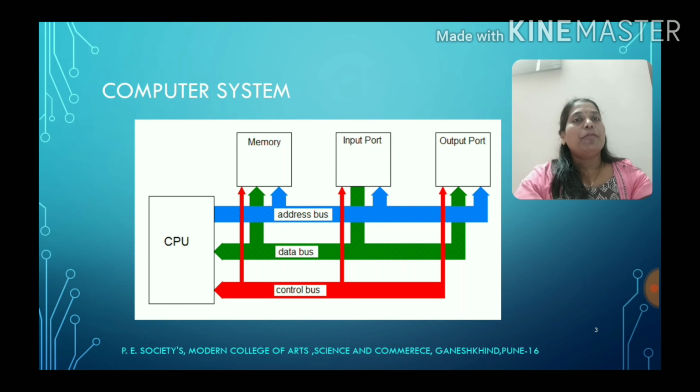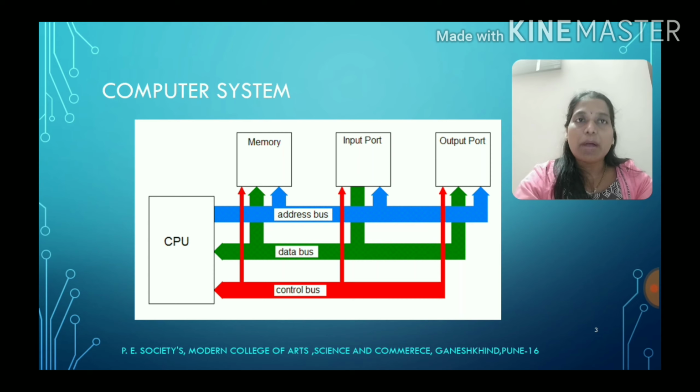The data before getting stored and processed actually needs to be entered via some input devices, and after processing needs to be displayed on some output devices. We know commonly we use keyboard, mouse, monitor, printer as the input and output devices.